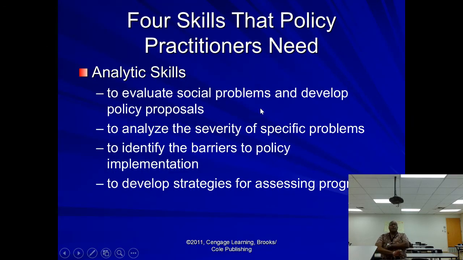So the 4 skills that policy practitioners need are analytic skills, which are to evaluate social problems and develop policy proposals, to analyze the severity of specific problems, to identify the barriers to policy implementation, to develop strategies for assessing programs.